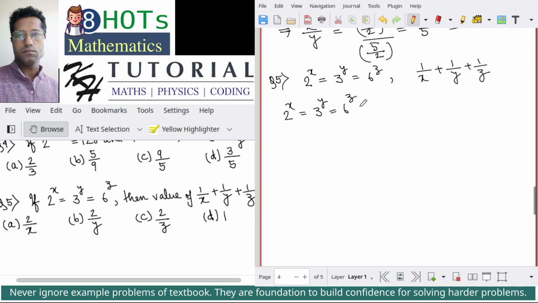Let's say all these three are equal to k, where k is some number. So I can say this will imply that 2 to the power x is equal to k. I want to get rid of x from the left hand side.